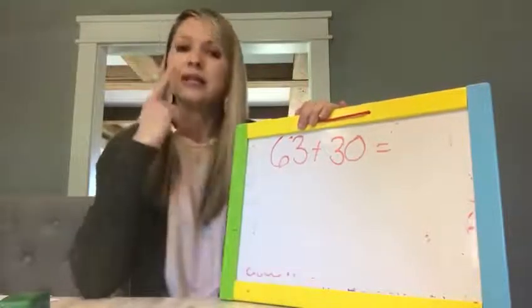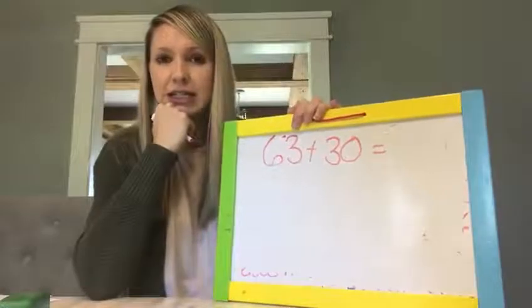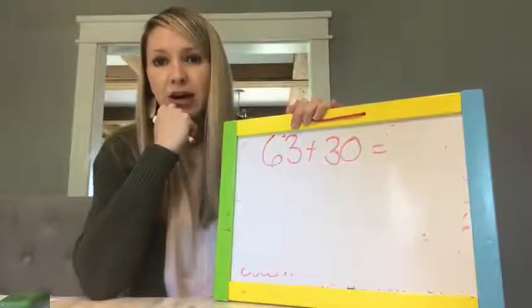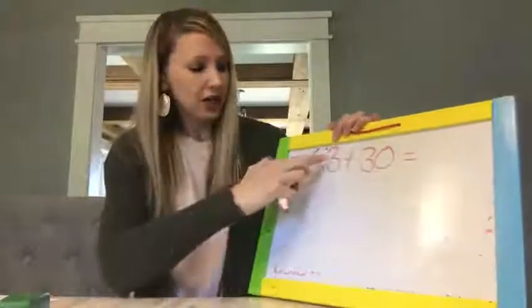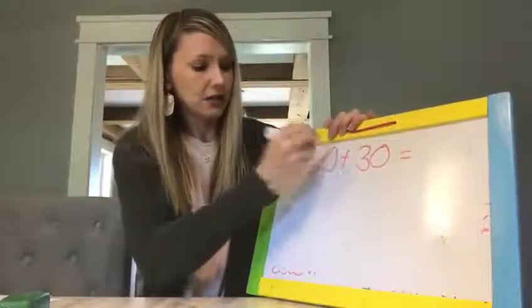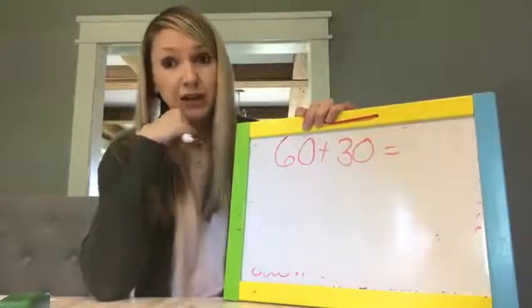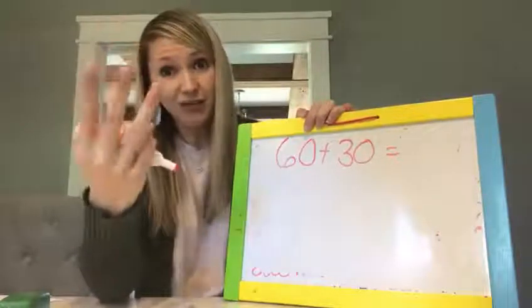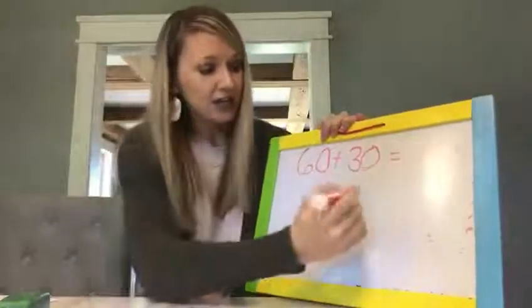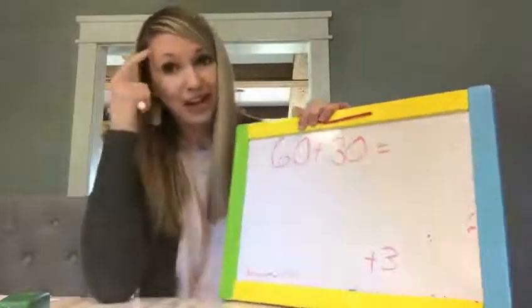Let's see if I can break this apart to make it a little bit easier. So I'm going to change my 63 into just 60, because those multiples of 10 are much easier to work with. But now I can't forget that I have 3 more that I have to add to it. So I'm going to put plus 3 down here somewhere so I can remember that I have to add that 3 back.